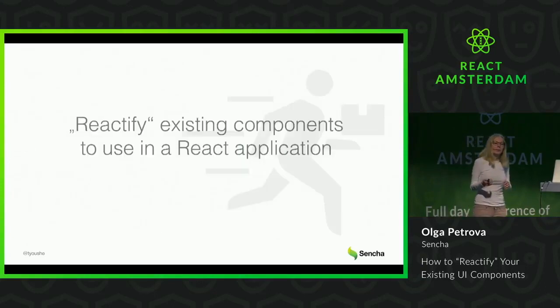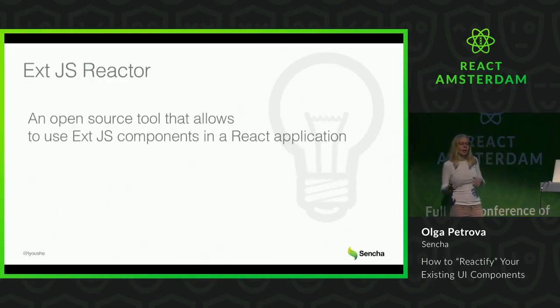And we decided to reactify them and make it possible to use them in a React application. As an implementation of this idea, we have developed an open source tool called ExtReact that allows using the Ext JS components in a React application. I will talk about the general way of doing this, but with some examples from ExtReact.